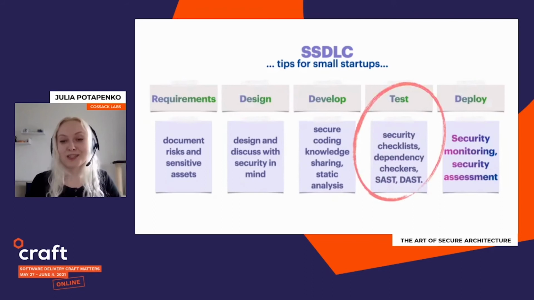The thing you can do here is create a so-called security checklist. It's a checklist mentioning all your security features, so when you're doing your releases, you can go step by step and check that everything is in place. Another thing you can do is to improve your CI and add dependency checkers here, and static and dynamic analysis security testing tools, SSDLC.